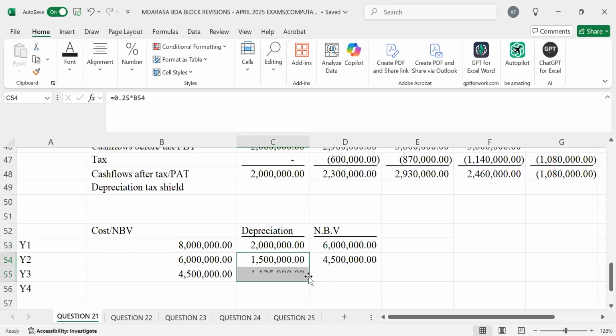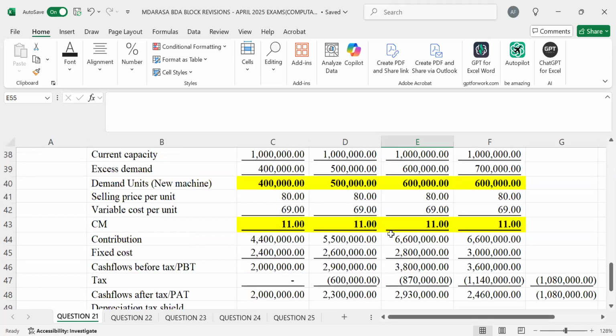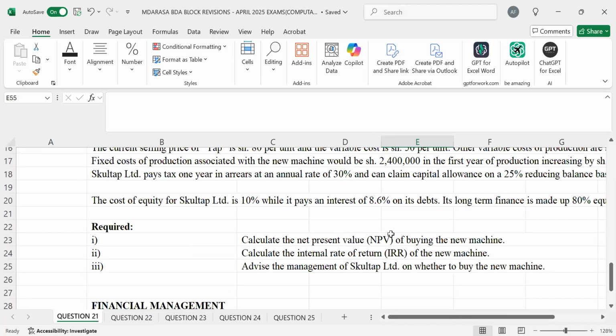Depreciation at 25% value, the same case. Reducing balance basis. We've achieved that target. Year 4 now.